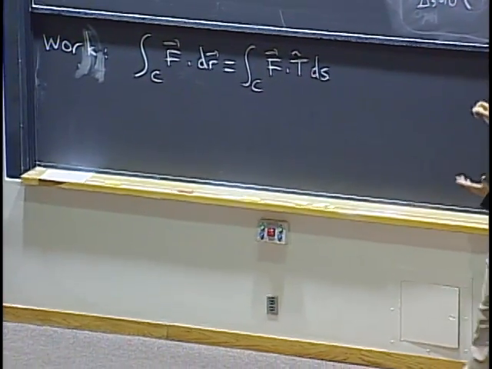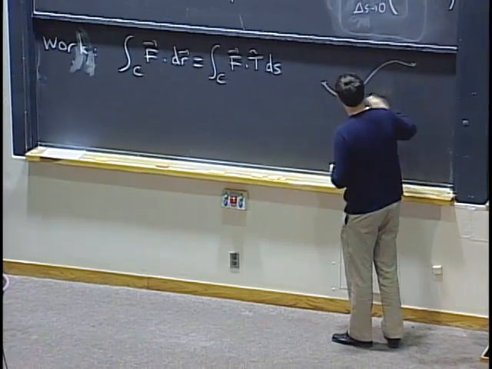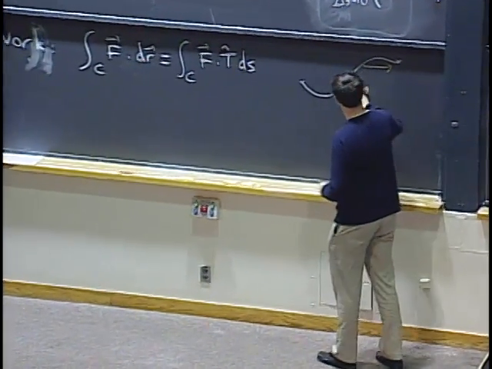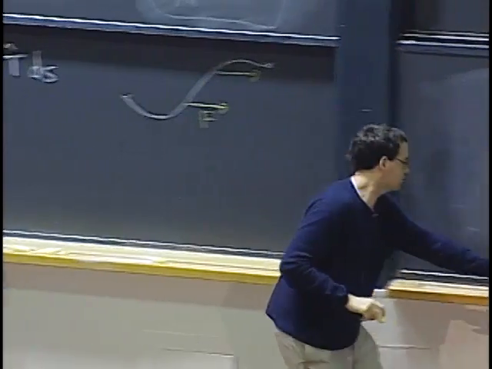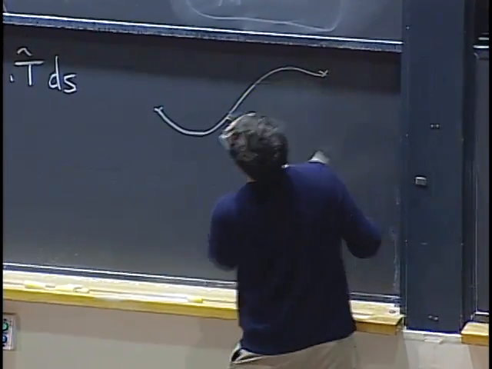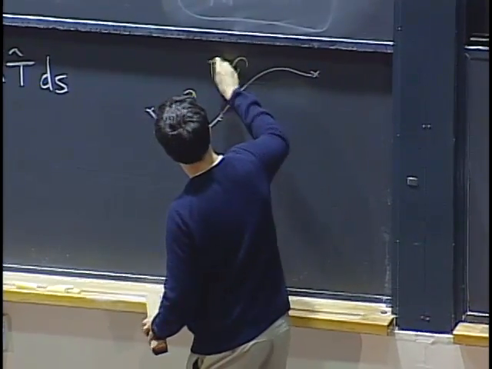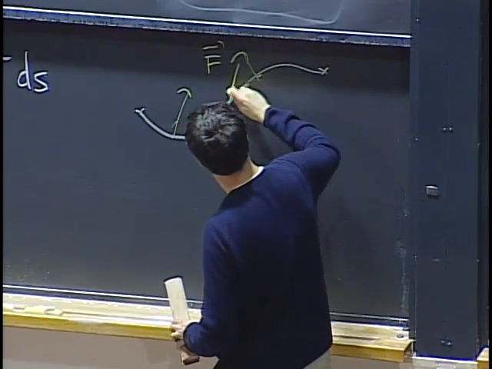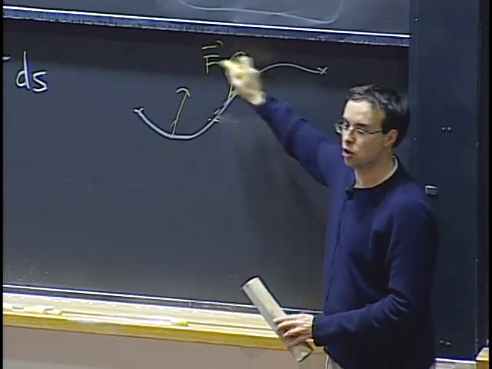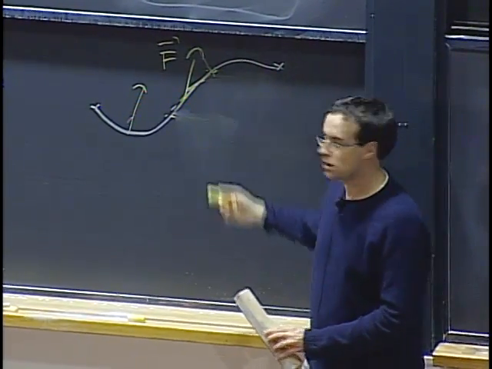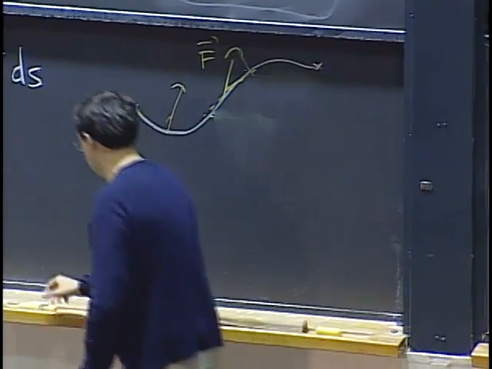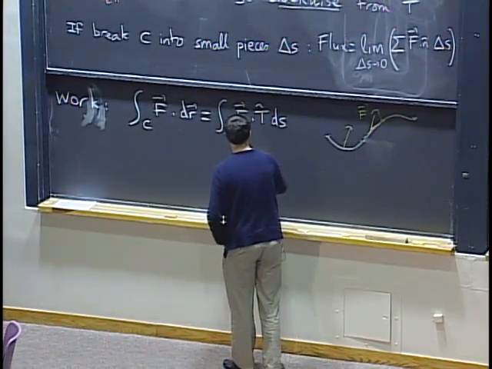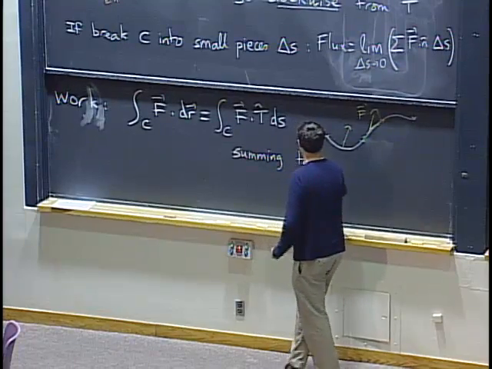That means we take our curve and figure out at each point how big the tangent component is. I should probably take the same vector field as before. My field was pointing more that way. So what I do at any point is I project f to the tangent direction, and I figure out how much f is going along my curve. And then I sum these things together. I'm actually summing the tangential component of my field f.